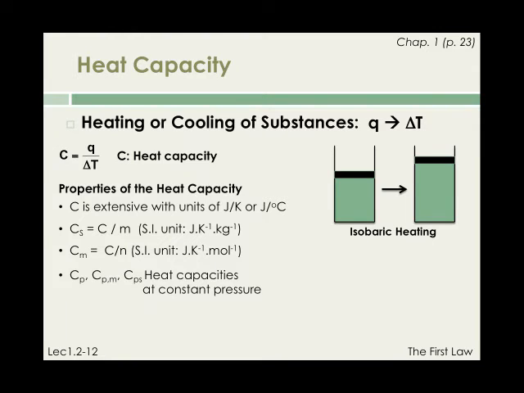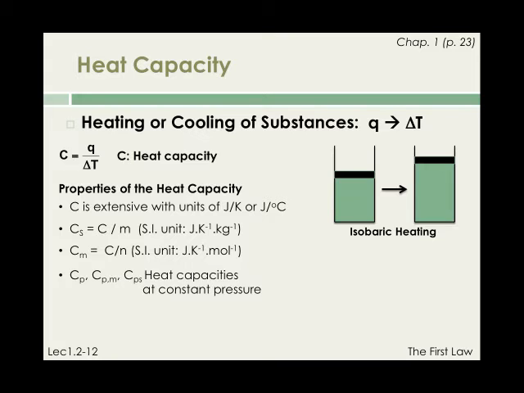Isobaric heating is carried out in a cylinder sealed from the surroundings by a freely moving piston. The heat capacity measured under such conditions is written as C sub P and is called the heat capacity at constant pressure. Obviously, we can define C sub Pm and C sub Ps, the molar and specific heat capacities at constant pressure.